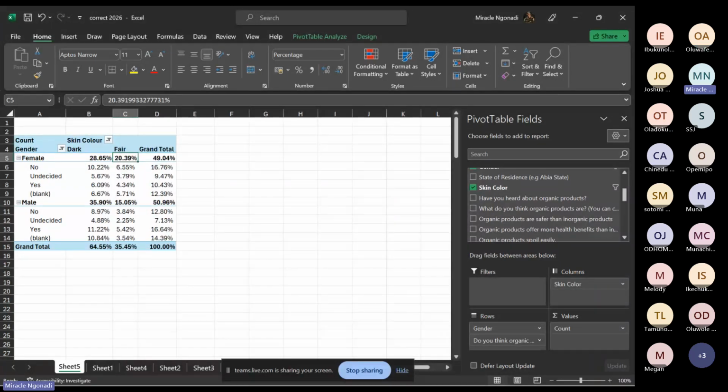So now, sir, the blank is still showing. The skin color, did you remove blanks? Yes, sir. The question, there was a point where we asked them if they use organic product or they think organic products is cheaper. Did you take care of that as well?